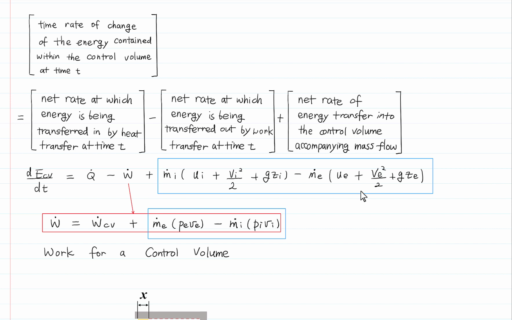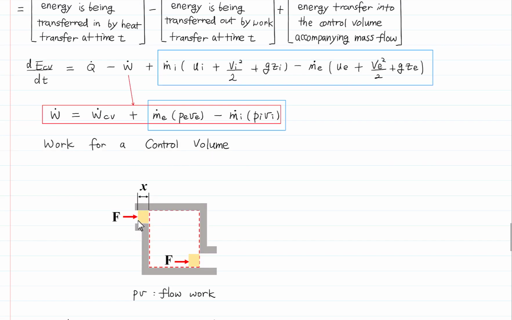So the flow work is the work required to push the fluid into the system or out of the system. The fluid going into the system is pushed in by the fluid behind it. Or imagine a piston pushing the fluid into the system. And this flow work corresponds to m dot i times Pi times vi.